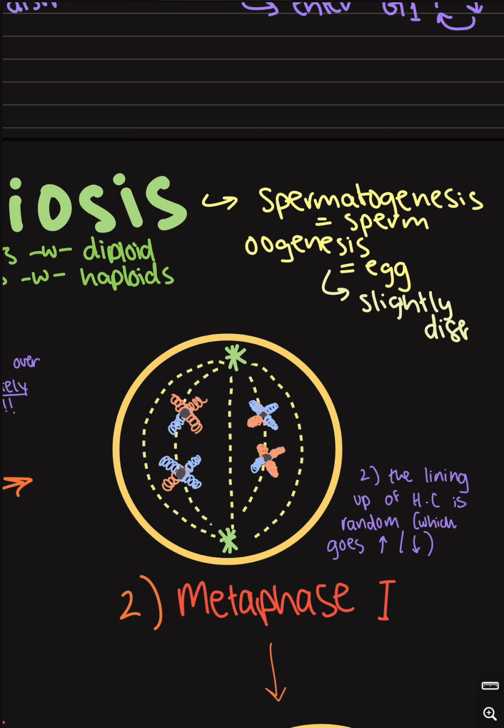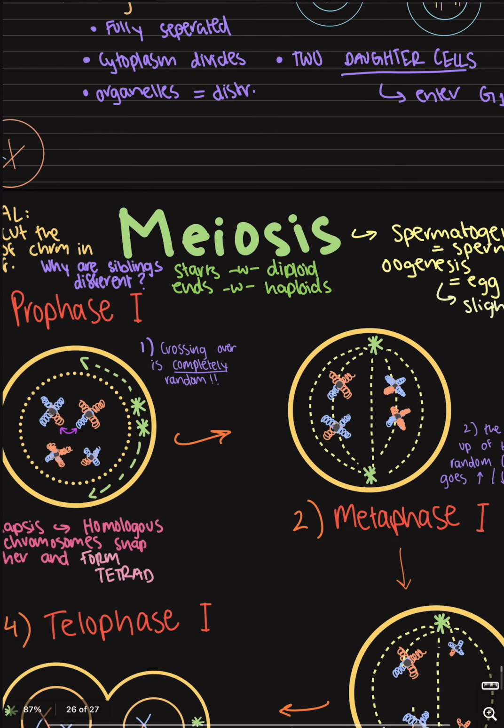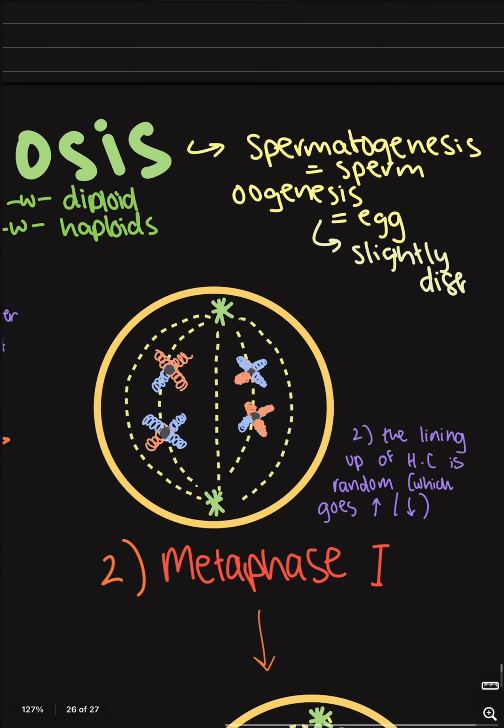Actually, the second reason why you and your sister or brother look different is that the lining up of the homologous chromosomes is completely random, meaning which one is going to go up and which one is going to go down. There's no real deciding factor. You can see here that this one was at the top, but this one ended up at the bottom. It's completely random. That's the second reason why you and your siblings look different.